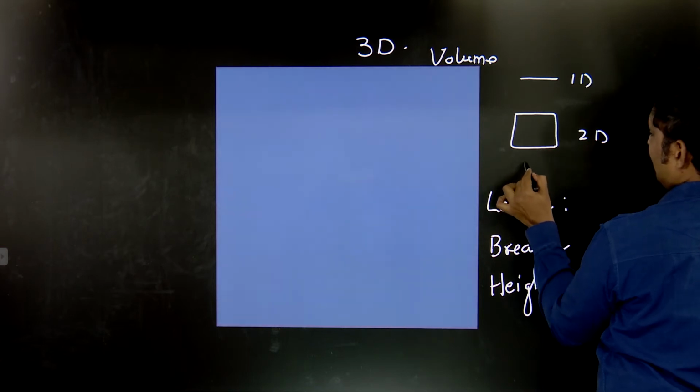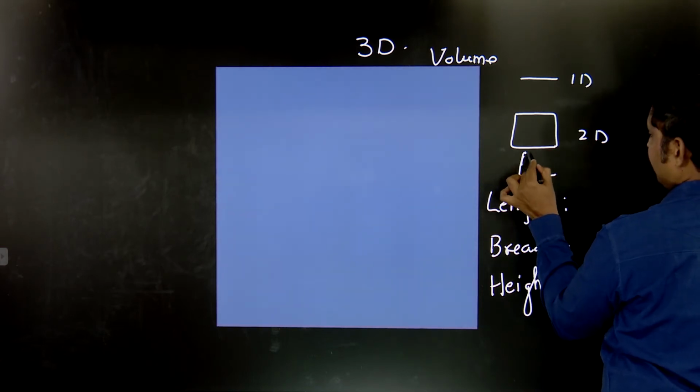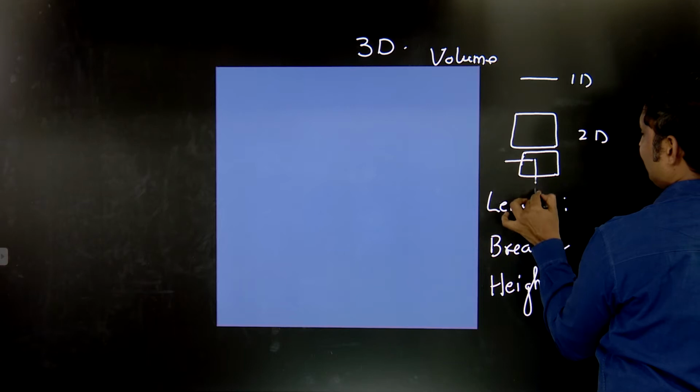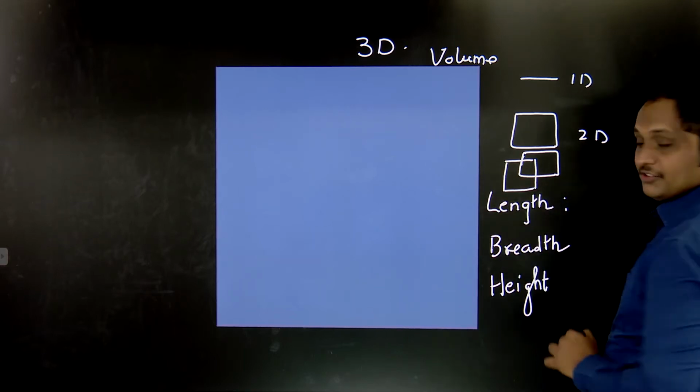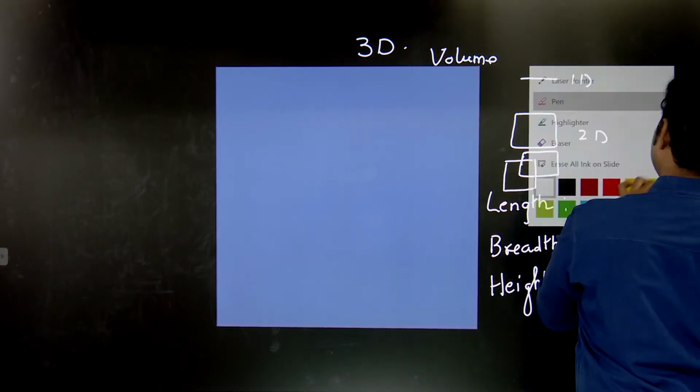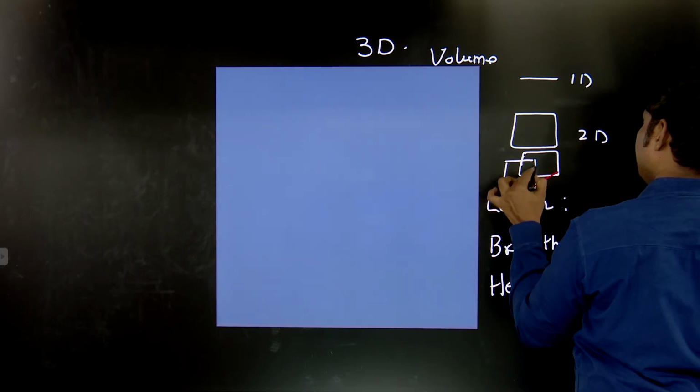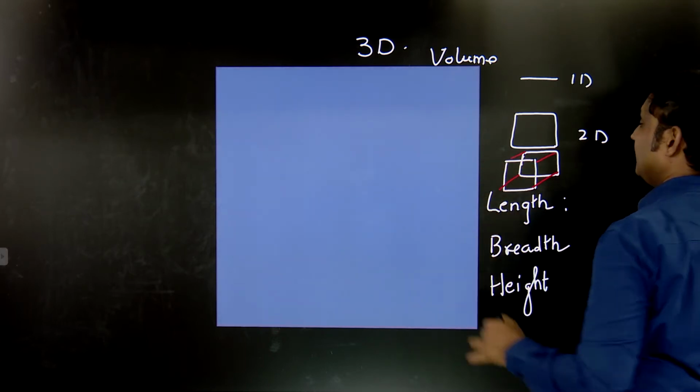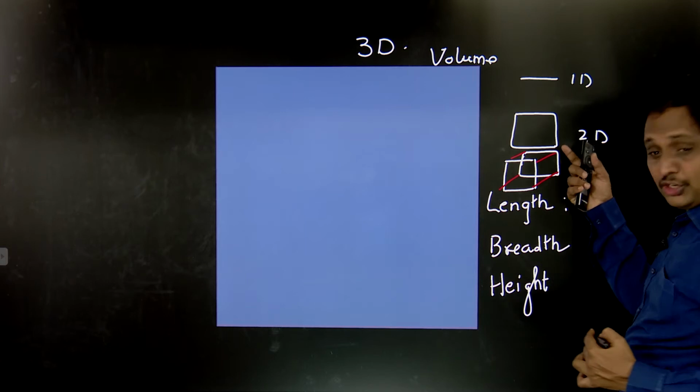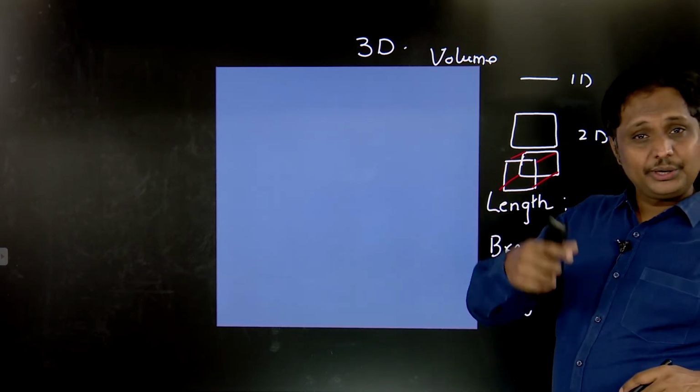This is also a 2-dimensional space. This is a 3-dimensional body. We are going to span from 2D to 3D.